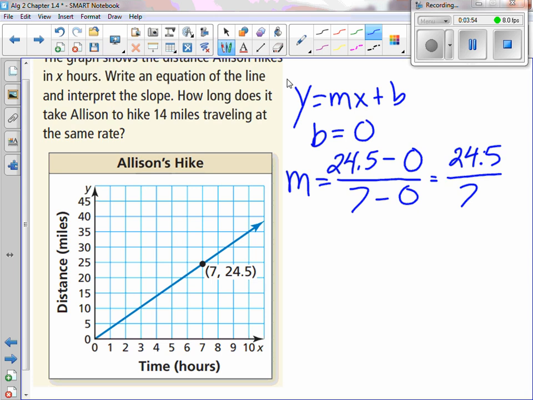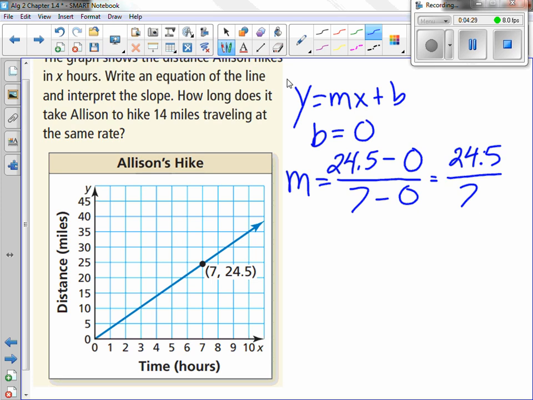Now, one of the things in mathematical etiquette, we do not leave a decimal in a fraction. It's just they don't work. We're either going to have it as a decimal or as a fraction with whole numbers. I can't have a decimal in there. So what we're going to have to do is simplify it. I'll just plug it into a calculator, 24.5 divided by 7, and have it simplify that down, because there's a chance it could be a simpler fraction.